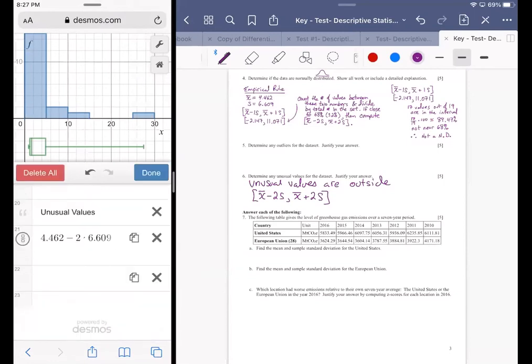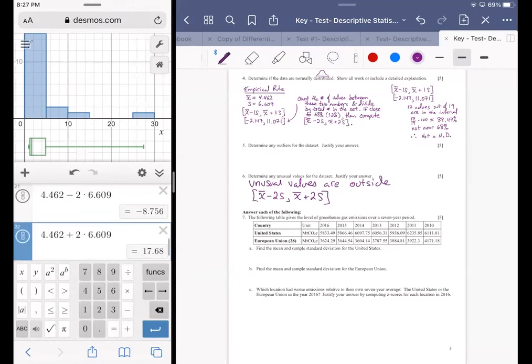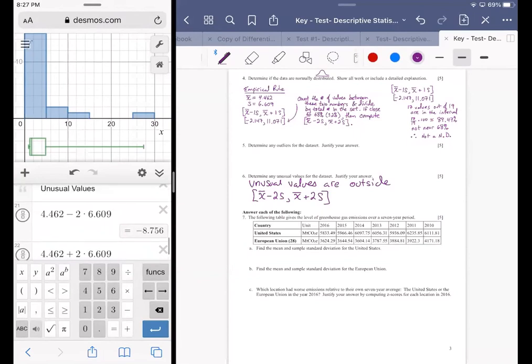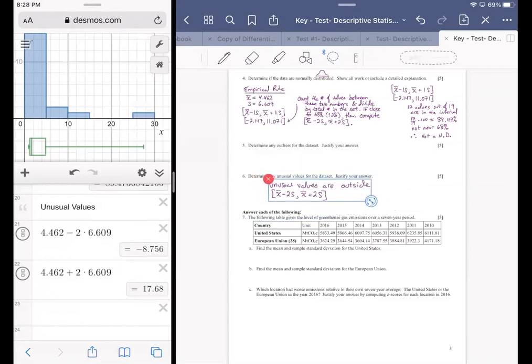And then I could duplicate it again and change the minus into a plus. That's assuming you don't want to just retype it. Sometimes it's easier to just retype it than to think about where you can get all these values from again, right? But the unusual values would be based off of these numbers. Since it's the same data set, it's the same mean and the same standard deviation, makes life a lot easier.